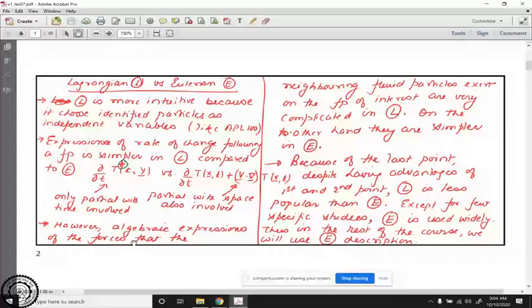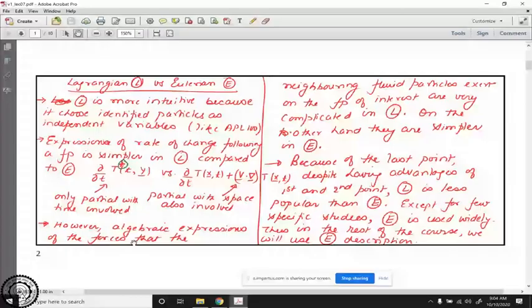But for the time being, a fluid particle will be experiencing some pressure force and some viscous force because of the neighboring particles. And it turns out that in the Lagrangian approach, getting that force is very cumbersome and complicated.